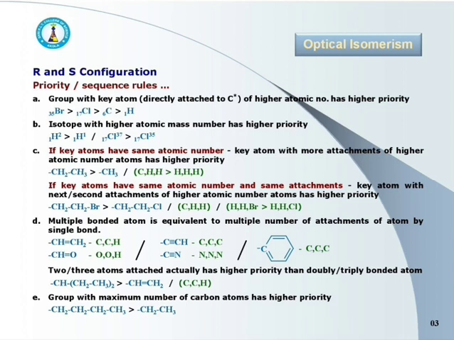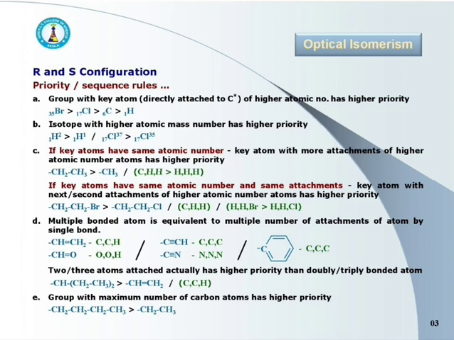See the examples. CH double bond CH2. Here, for first carbon or key carbon, we have to consider attachments as C, C, H because second carbon is doubly bonded to first, that is the key carbon.